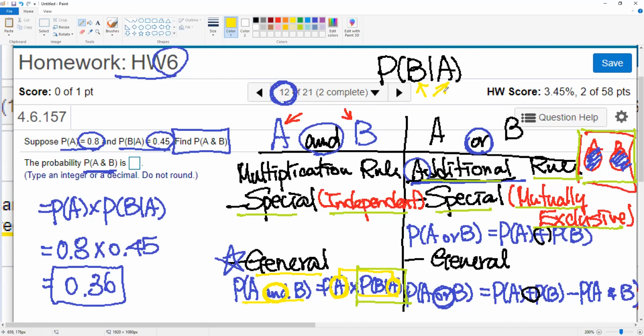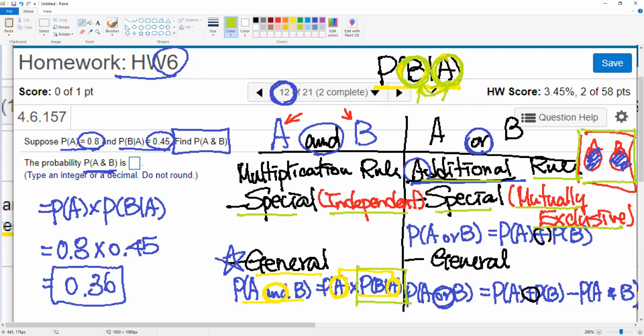Now, when they are independent, before I explained to you, the conditional probability of B given A means that the event of B depends on A. But now they are independent. What does it mean?